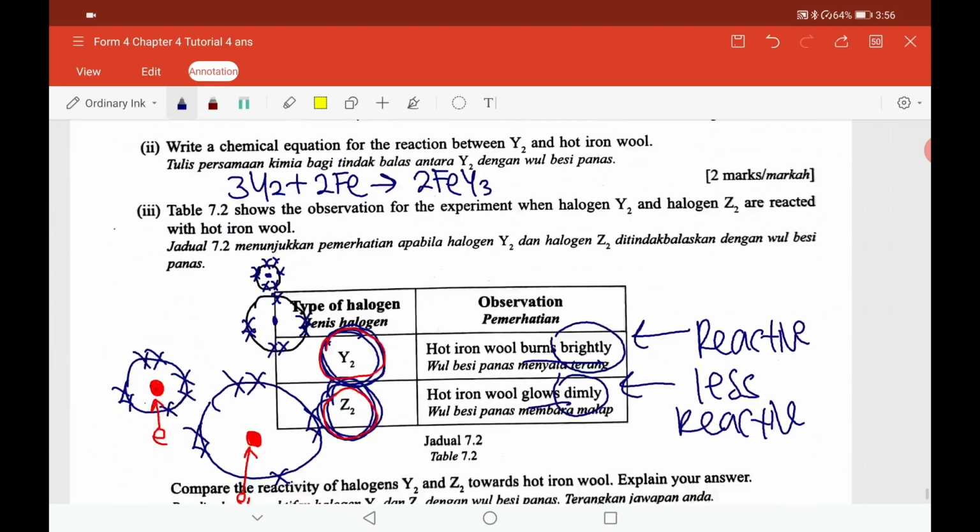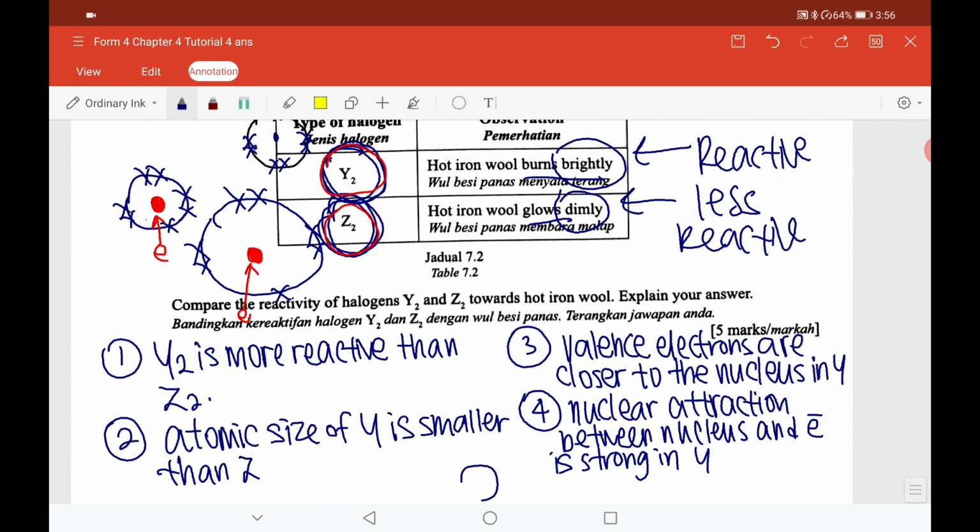Because it has a stronger pulling force, Y can attract the electron into the shell more easily. So let me clean some space.